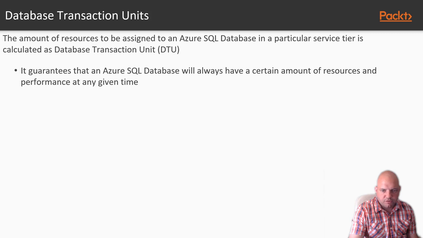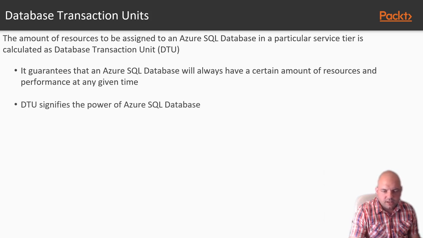The performance level offered under a particular DTU, at any given point in time, is independent of other SQL databases on the same Azure SQL server or across Microsoft Azure. So the DTU signifies the power that is available to your Azure SQL database.